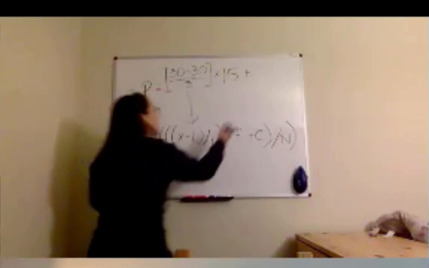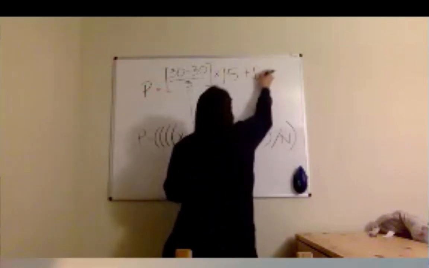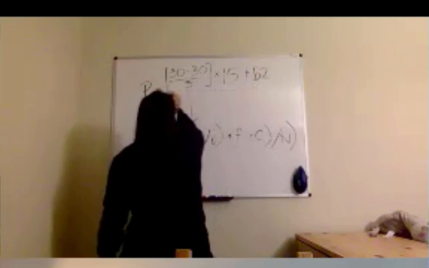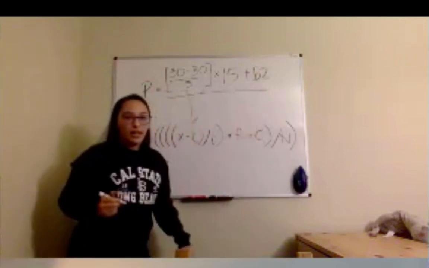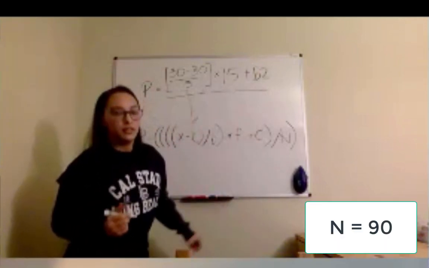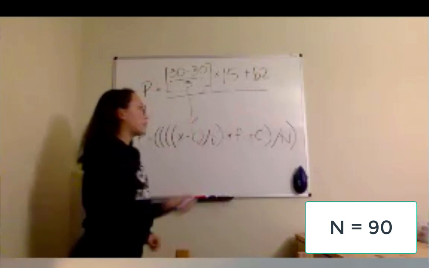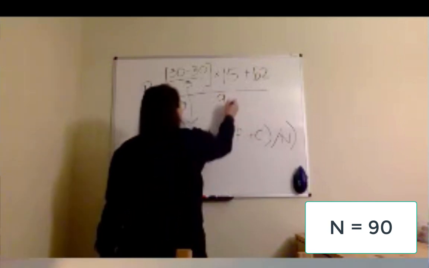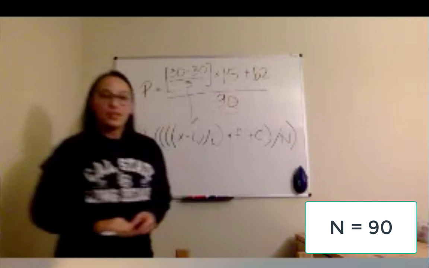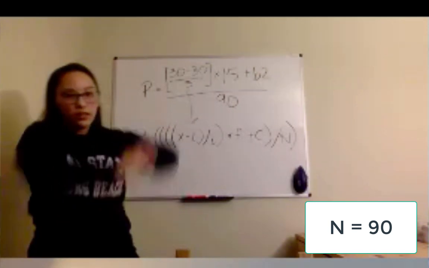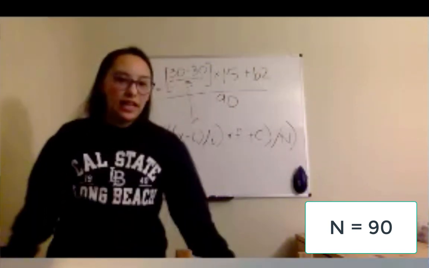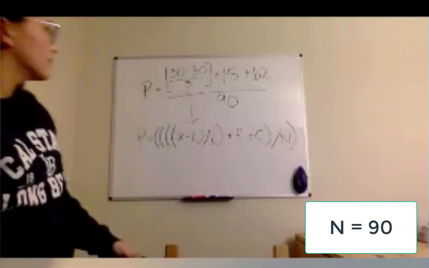So cumulative frequency in our case would be 62, and then we divide everything by 90. 90, right? Our sample size, which should reside in the cumulative frequency box in the last cell.